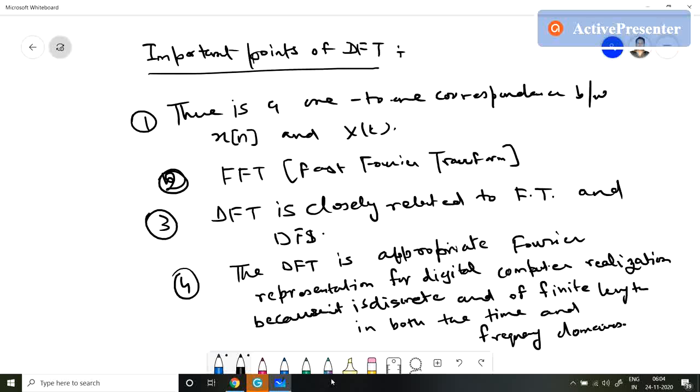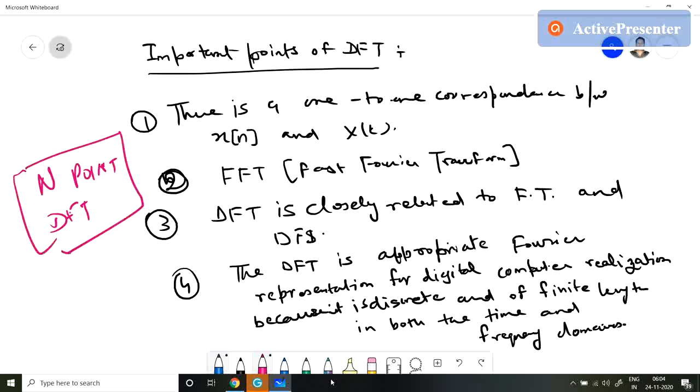Thus the resultant x[n] is often referred to as the N-point sequence. Basically we are computing the DFT for a finite length sequence, that is an N-point sequence, so it is called the N-point DFT.